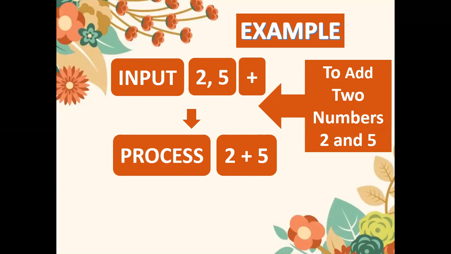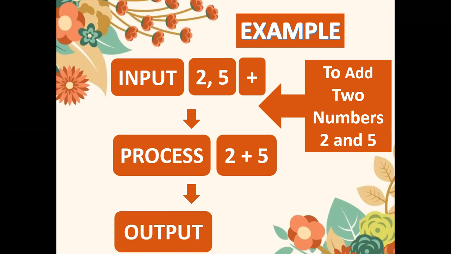Now the CPU will work on the data 2 and 5 according to the given instruction plus. That is, it will add the numbers 2 and 5 and finally it will give the output, that is 7. I hope you all have understood the working of a computer.